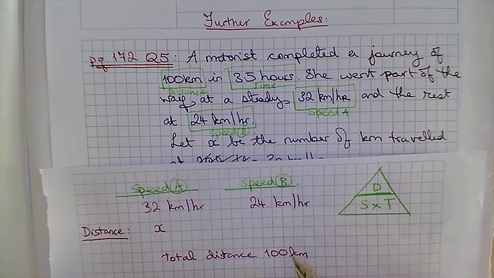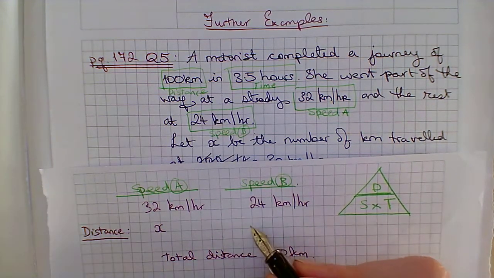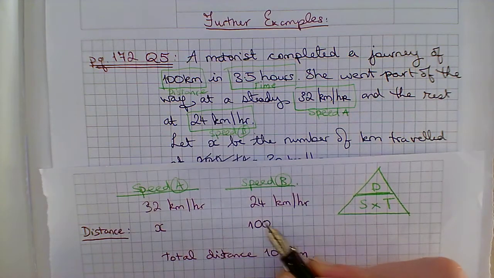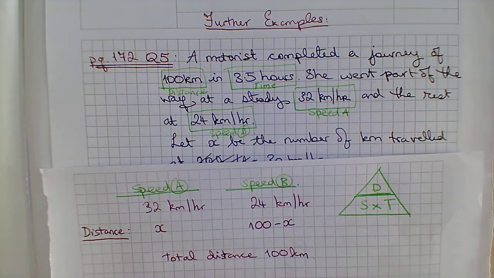And how I work that out is that I take this one away from 100. So if this was 10, 100 minus 10 gives me 90. If this is 40, 100 minus 40 gives me 60, etc. So my second distance must be 100 minus my first distance.